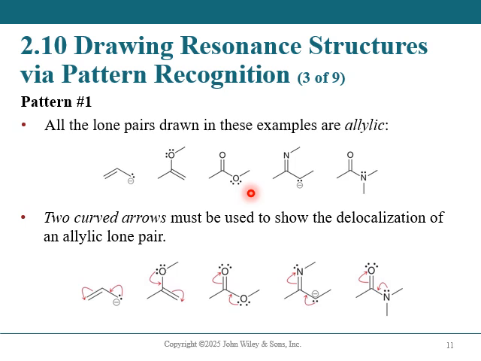For that, we actually need to draw 2 curved arrows to show the delocalization of the allylic lone pair. So if you look at this structure right here, we need to show an arrow for the electrons here and the electrons here, what's going to happen to each of them. So you can see the lone pair moves, and then the double pair also moves.